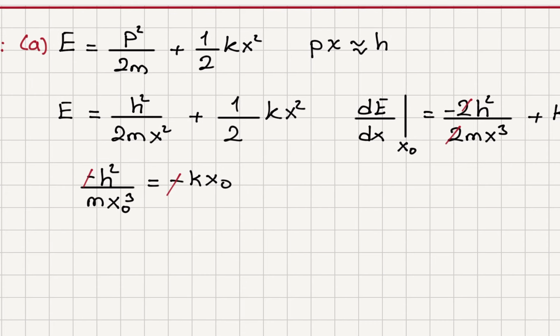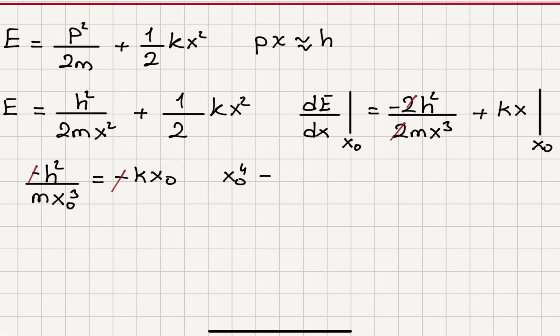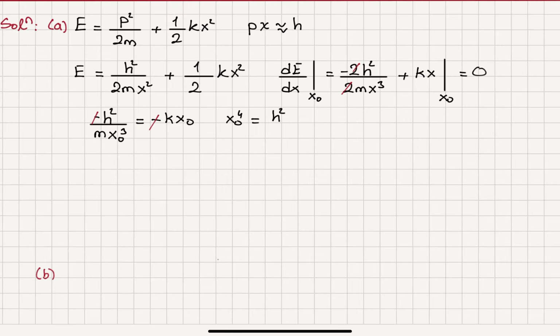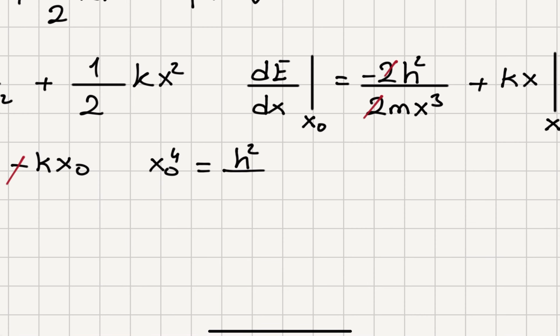So you can see here, if I take this to the right-hand side, x0 to the fourth power is equal to h²/mk.